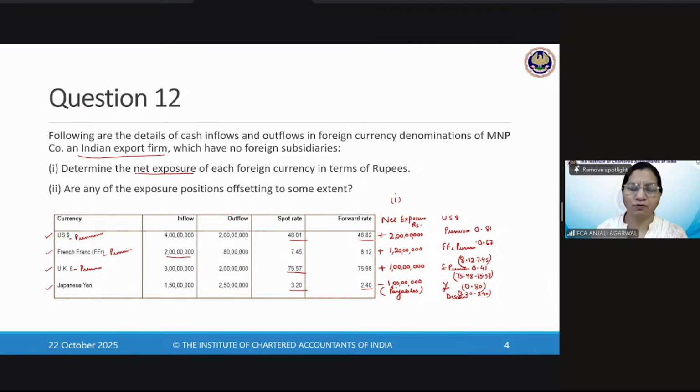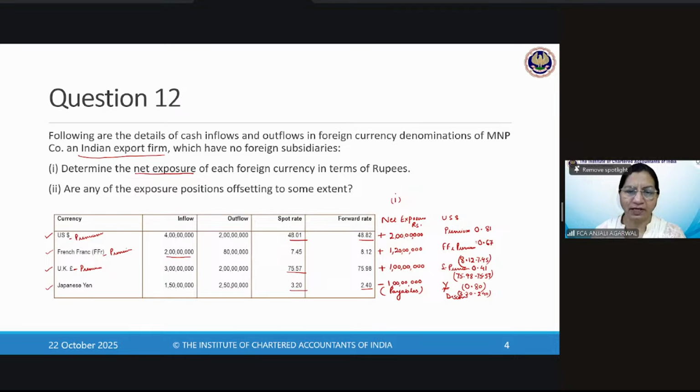So in all the four currencies, the Indian exporter will stand to gain. Right? A simple question, simply subtraction and finding out whether your exposure is either a receivable or a payable, and then seeing if the exposure is receivable and the currency is at premium, you stand to gain. If the currency is receivable and had it been at discount, you stand to lose. So, for example, if this was not 1.5 but 3.5, so you had Japanese yen inflowing 3.5, outflow is 2.5.